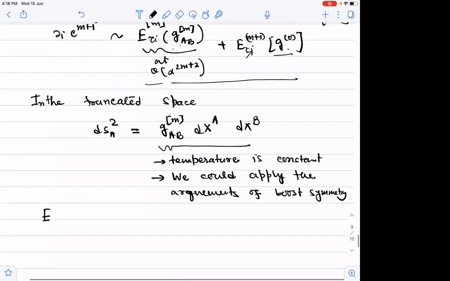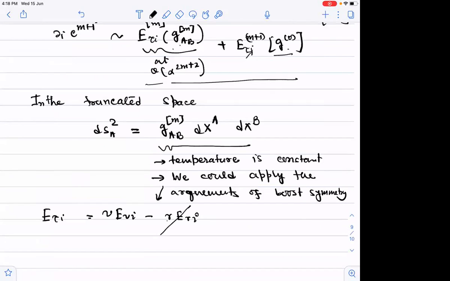In the E tau I component, after this boost transformation, it will become V times E V I plus minus. If you apply the coordinate transformation here, this is what it will turn out to be, E R I in the boost invariant coordinate. And at r equal to 0, this will vanish because there is an explicit R I. So it will be equal to V times E V I at r equal to 0.